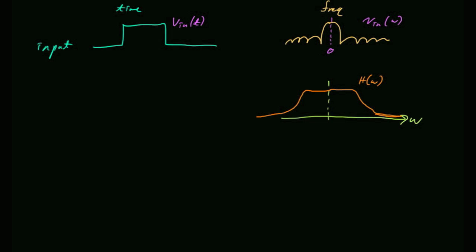Then I said, aha! Remember, we had just studied this thing, and we had determined that V out as a function of frequency equals H of omega, the transfer function, times V in as a function of frequency.